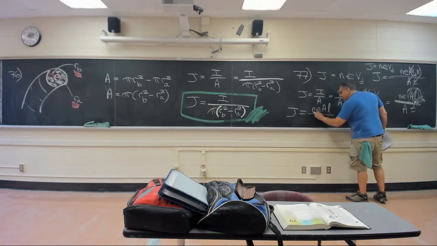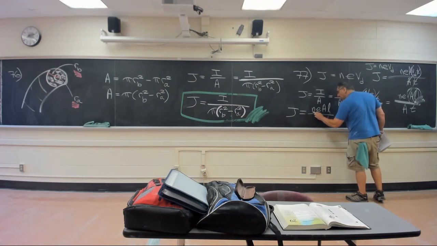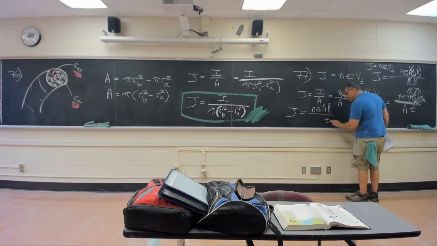That volume times the number of charge carriers per volume is the number of charge carriers, capital N. Times E, that's the total charge in time t.